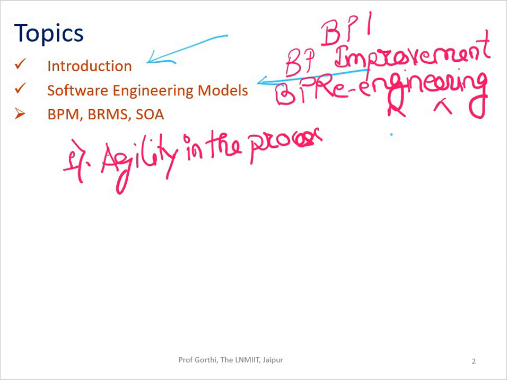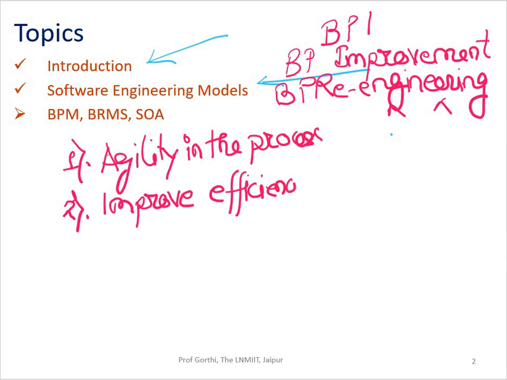It means we'll eventually be able to develop a culture of innovation and change, because I'll be able to analyze and visualize. On top of it, I can also improve the overall efficiency as well, because I'll be improving the way processes are done. It means we'll be able to find different ways to improve the processes which are there in my business.